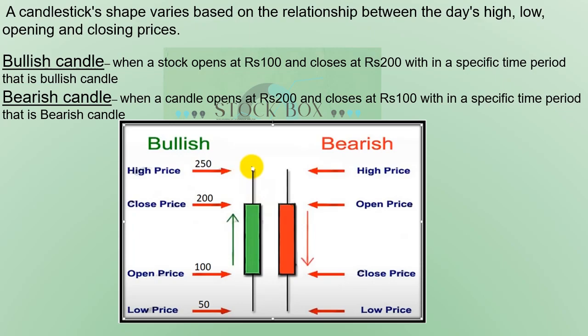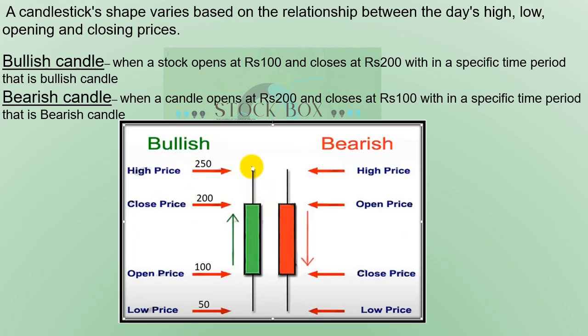In the diagram below, you can see a bullish candle opens at rupees 100, goes up to the day's high of 250, comes back down to a low of rupees 50 and again closes at rupees 200 with a wide body. This is called the bullish candle.